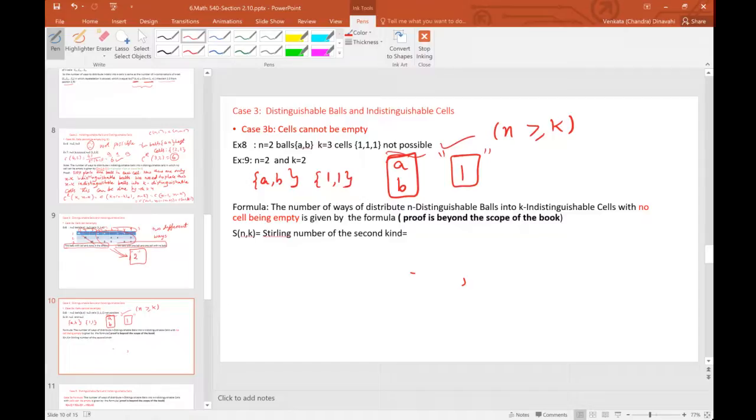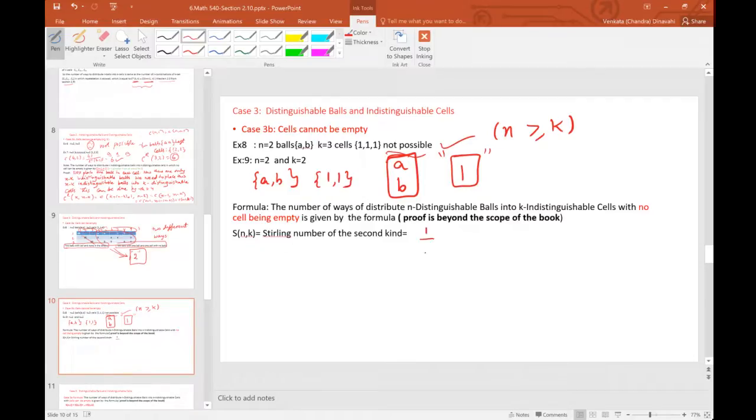There is a formula for this, and that formula is called the Stirling number of the second kind. The number of ways I can put n distinguishable balls into k indistinguishable cells with no cell being empty is given by this number. This is a very complicated number, and the proof is beyond the scope of the book. After looking at the formula, I know you will appreciate me not writing the proof for it.